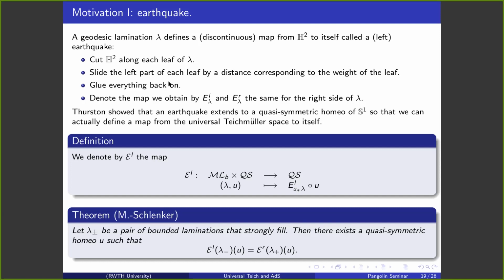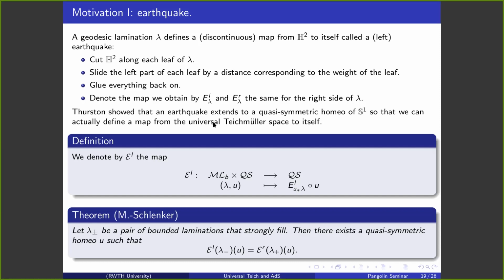So this is an earthquake on H2, and indeed it is very harsh, right? It's discontinuous along its geodesic lamination. You could also do the same by the right, and this would define a right earthquake. But what Thurston showed is that this sort of earthquake extends to the boundary in something a little bit more regular, in fact quasi-symmetric.